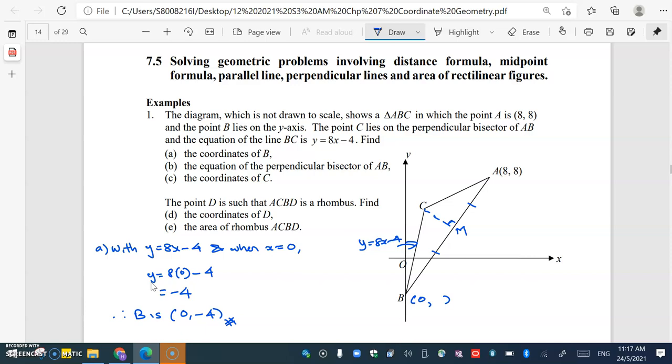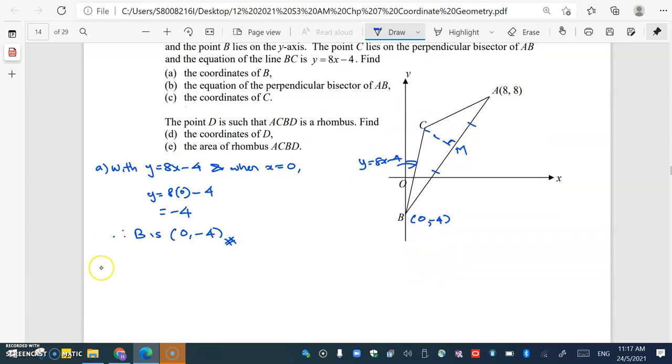Then, in order to find the equation, not only do I need the gradient, I need at least a point that sits on the line CM. The fastest way to get the point is to find M, because M is the midpoint of AB. So let's go to part B and work things out.